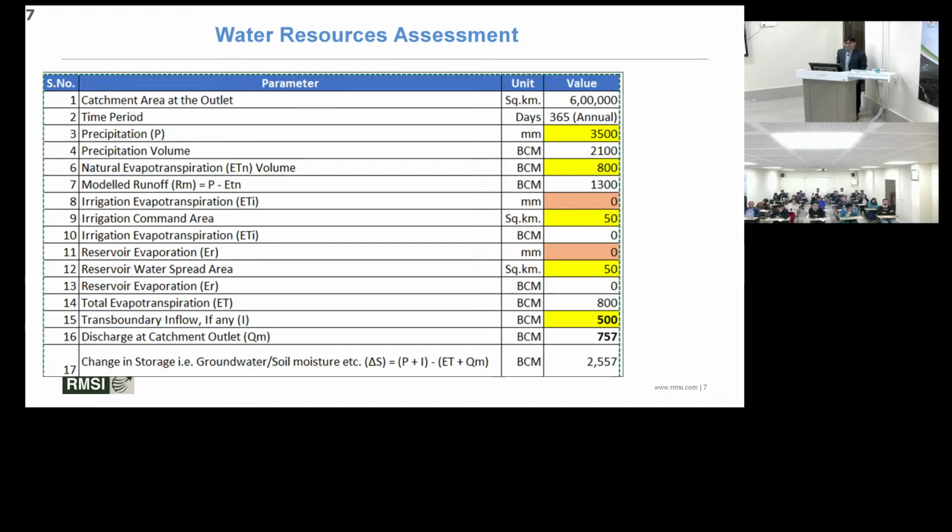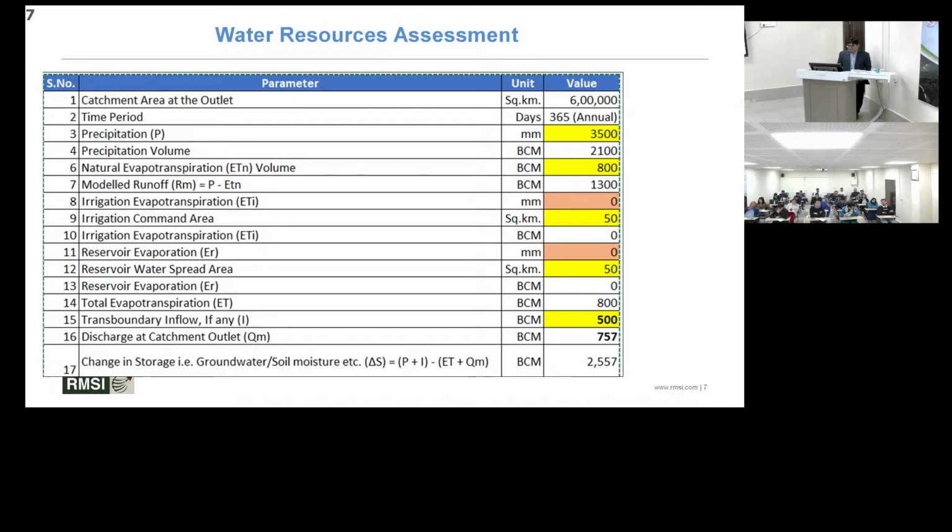The reservoir evapotranspiration losses usually take 1% to 2% of the storage capacity of the reservoir, on a rough estimation. Then again the catchment area, then total evapotranspiration ET, then transboundary inflow. If you have an inflow from the upstream transboundary catchment area, you also consider it, because this is not the flow being generated from your catchment. So you have to deduct this loss.